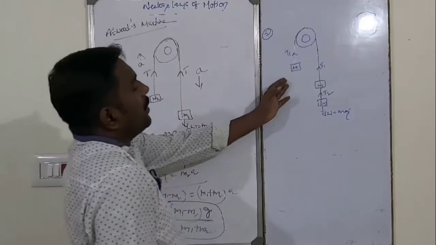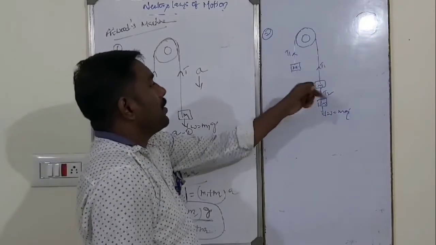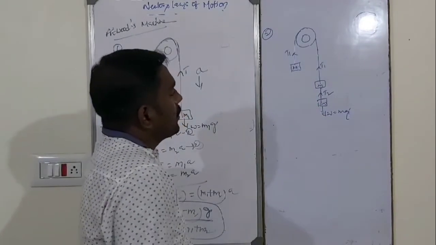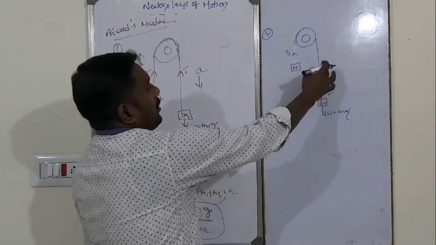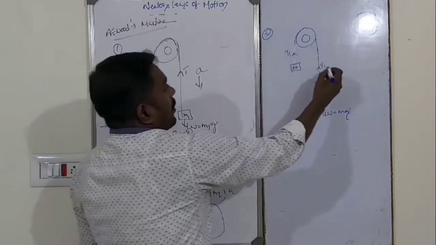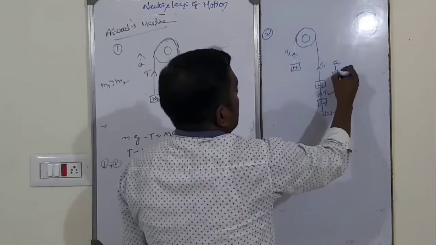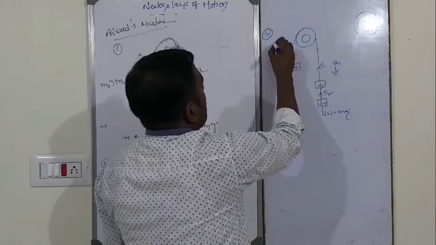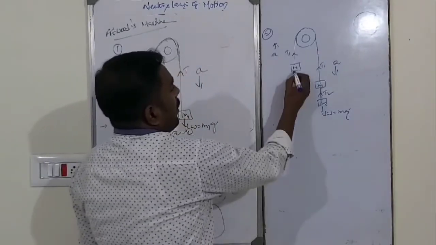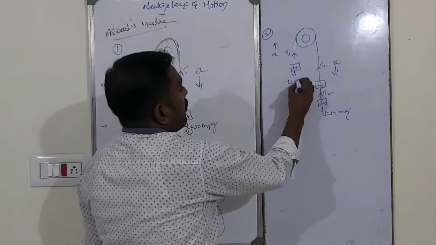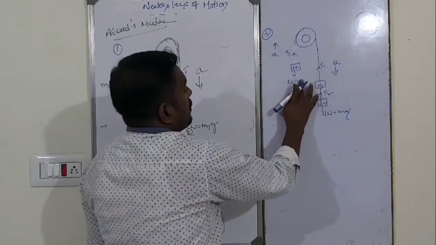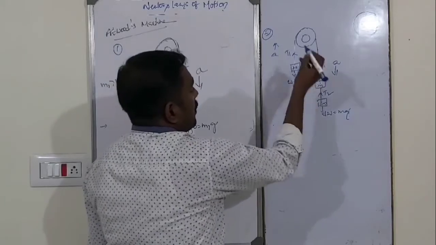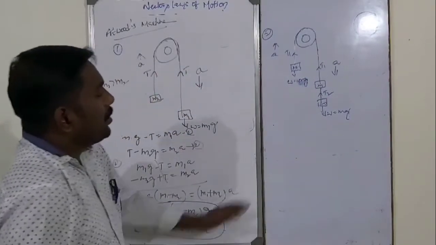Suppose in the Atwood machine it consists of three massive bodies, each of mass m. So the tension acts upward, and the weight of the body always acts in the downward direction. That is W is equal to mg.